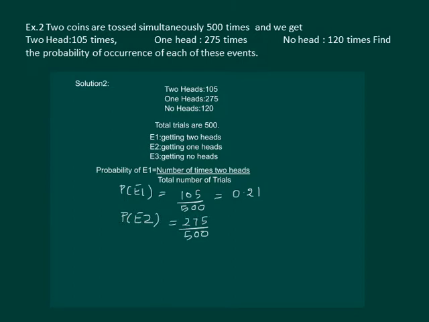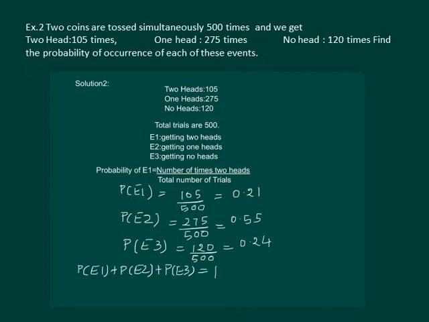Similarly, the probability of the event E2, that is getting one head, is 275 by 500, which is equal to 0.55, and the probability of the event E3 is equal to 120 by 500, which is equal to 0.24.